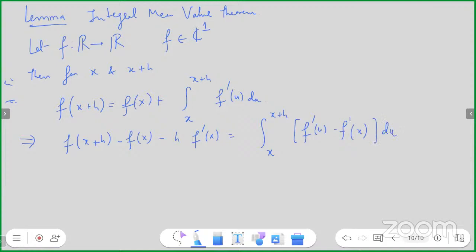Just rewriting this, subtracting f of x as well as h times f prime of x, adding it back together here.